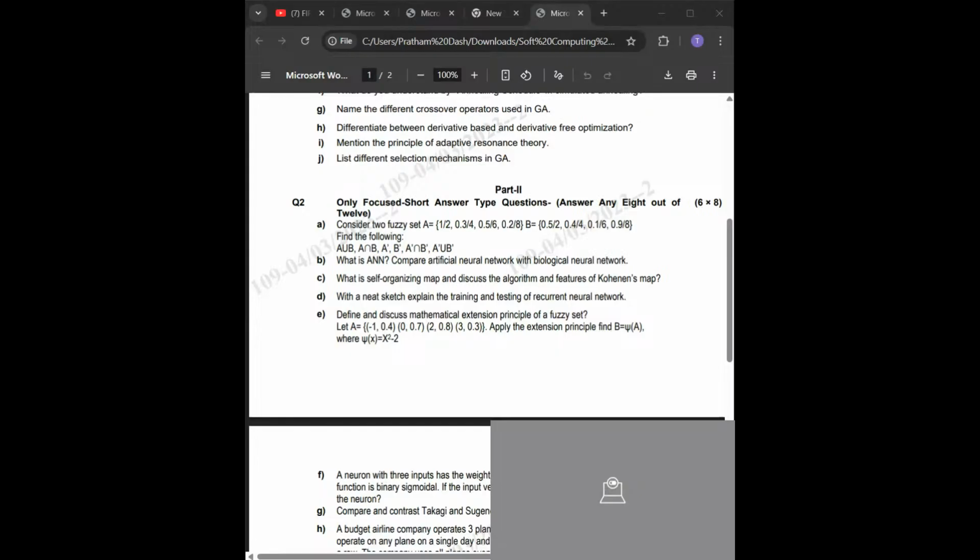We have 0.2 by 8. That is 1 by 5 into 1 by 8, 1 by 40.